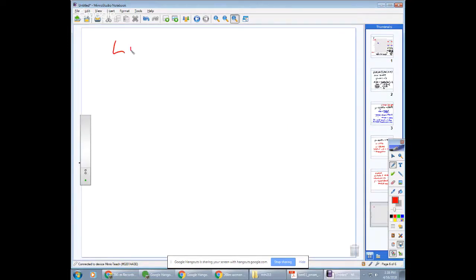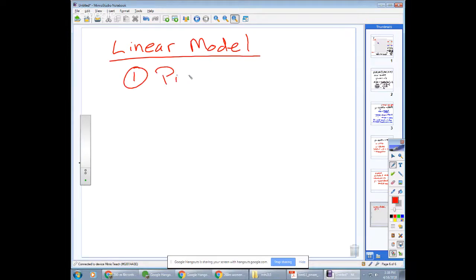So we're trying to find what's called a linear model. And there's a variety of ways to do it. First, we tried the method of picking points. That looked nice, right? There was no system to it. We just kind of threw a ruler down and said, this line looks nice to me, through those points.